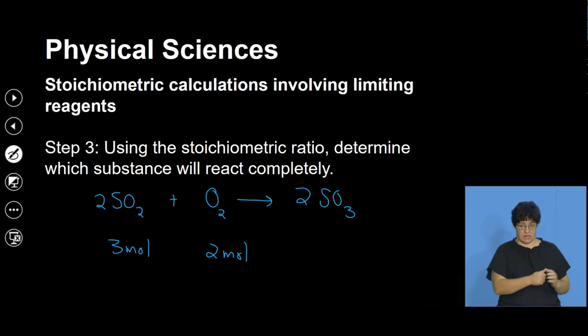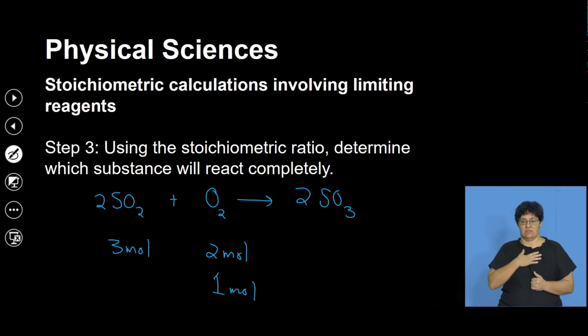2:1, now, for the entire 2 moles of the oxygen to react, we need double the number of moles of sulfur dioxide. So in other words, only because of these quantities that we have, only 1 mole of oxygen will react.